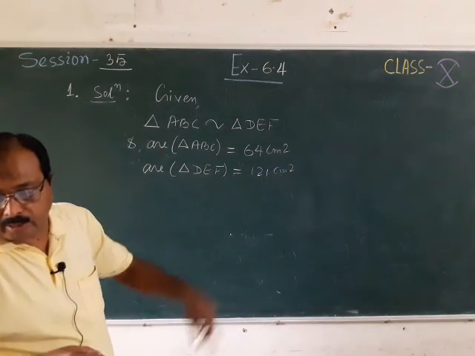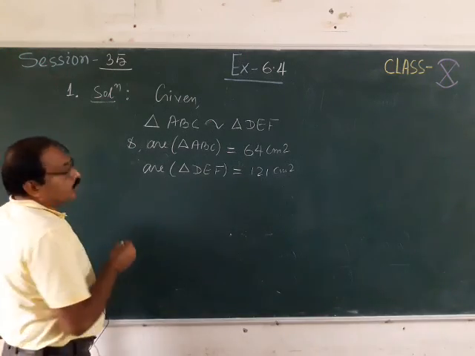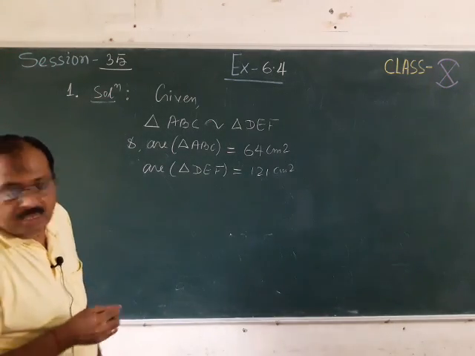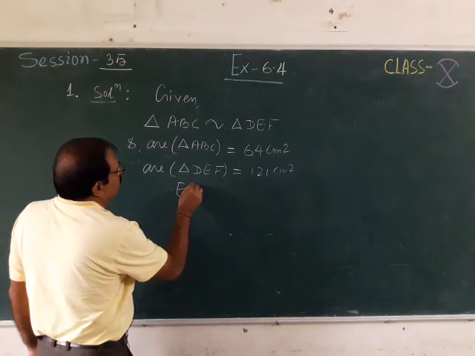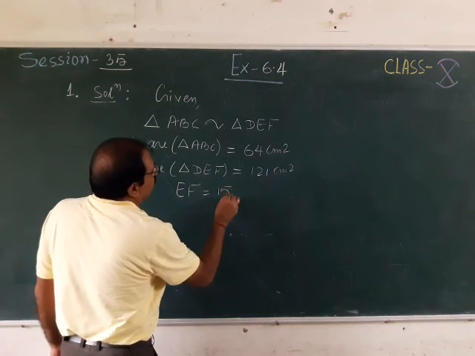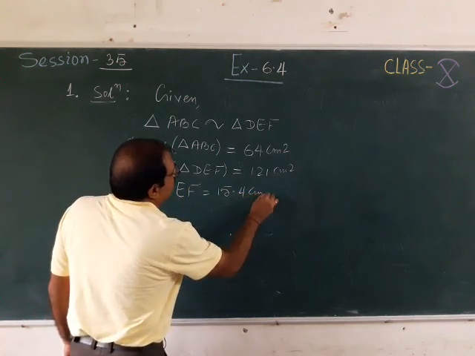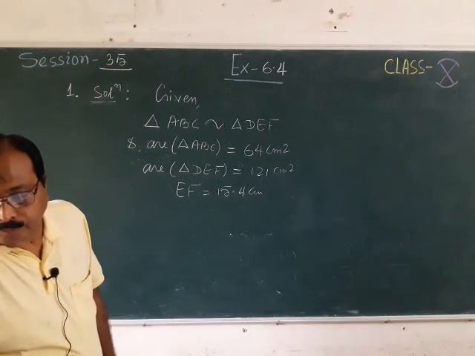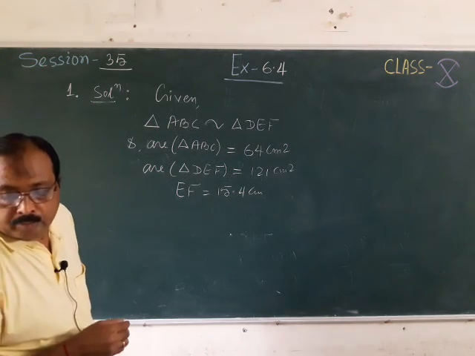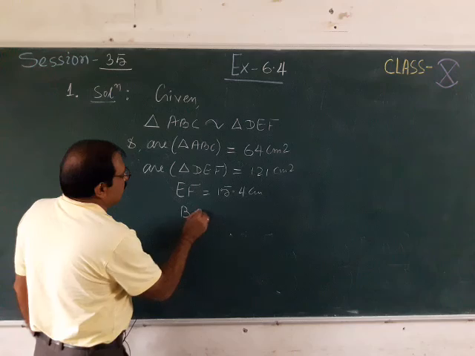Also, the third thing we have is EF equal to 15.4 centimeter. We need to find BC.